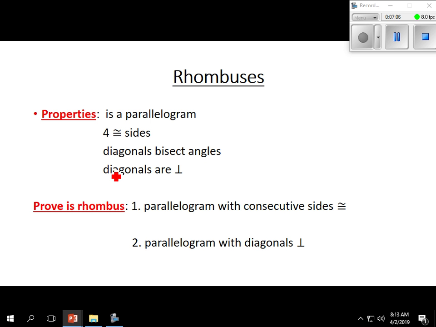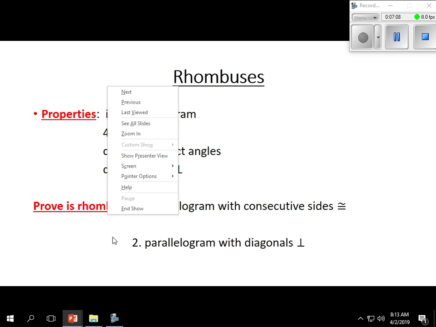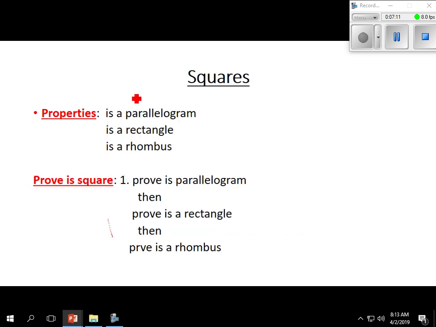Properties of, we already did a rhombus. Properties of a square, and again, these should be numbered, 1, 2, 3. With a square, something is a square if it's first a parallelogram, so it has all the properties of a parallelogram, has all the properties of a rectangle, and it has all the properties of a rhombus.